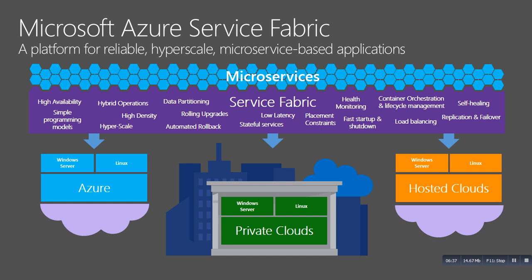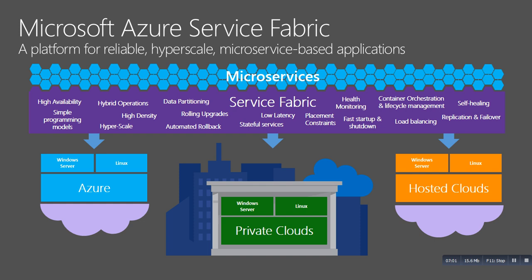Self-healing: if any problem comes in or a node goes down, it will keep provisioning services. Next is replication and failover. That's the replication factor, and it will replicate your services.